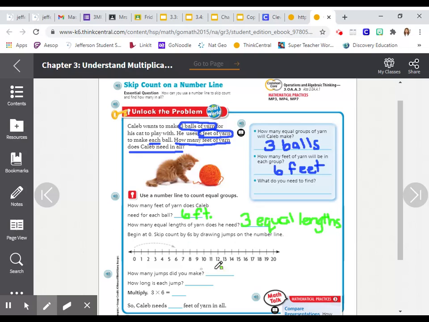Now we're going to use this number line on the page to skip count and draw the jumps on the number line. You may have used number lines for addition and subtraction in the past. They're a good tool to use when you need help to find the product in a multiplication sentence, just like finding the sum or difference in addition or subtraction problems.